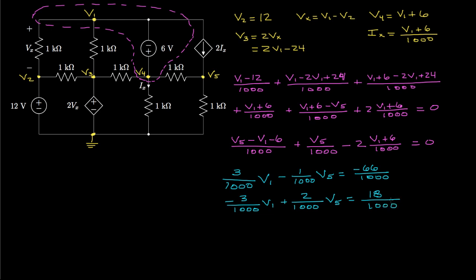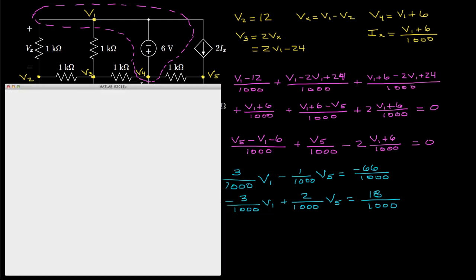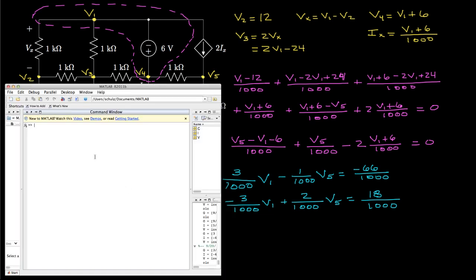So now let me bring in a MATLAB window. And I'll type in an expression for that matrix G, which has 3 over 1000, negative 1 over 1000 in the first row, negative 3 over 1000, and 2 over 1000 in the second row.